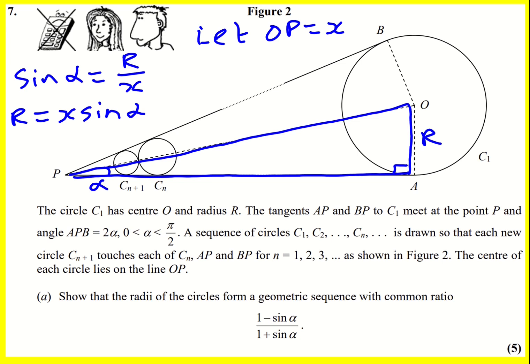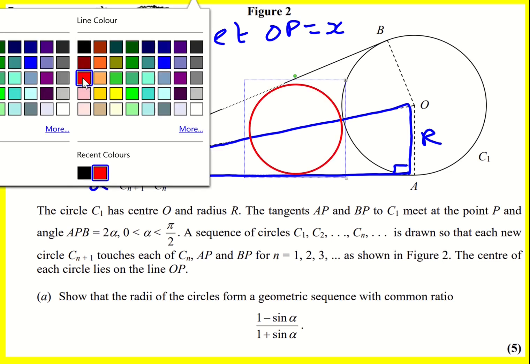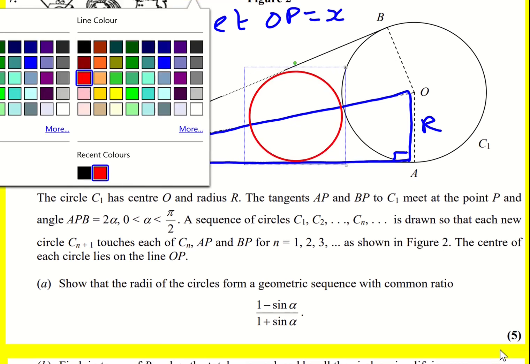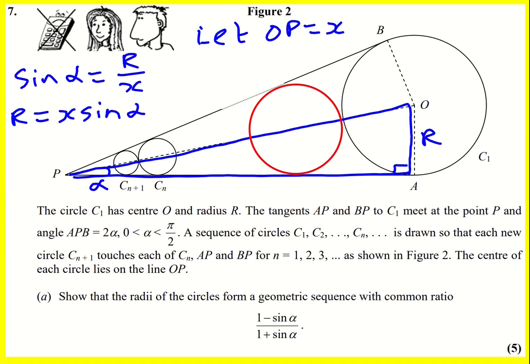If I now draw another circle, the next one along, the second circle essentially, then I can draw the center in, which will be r2.